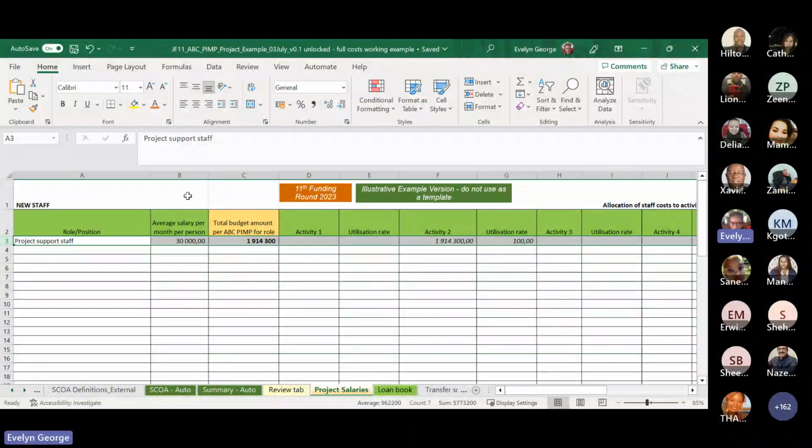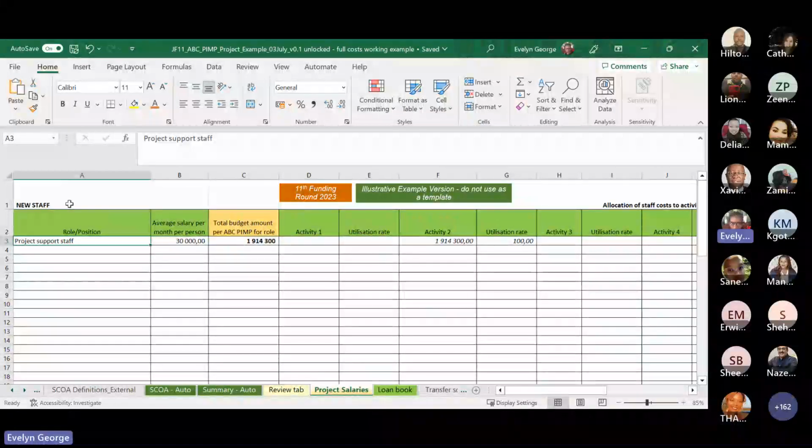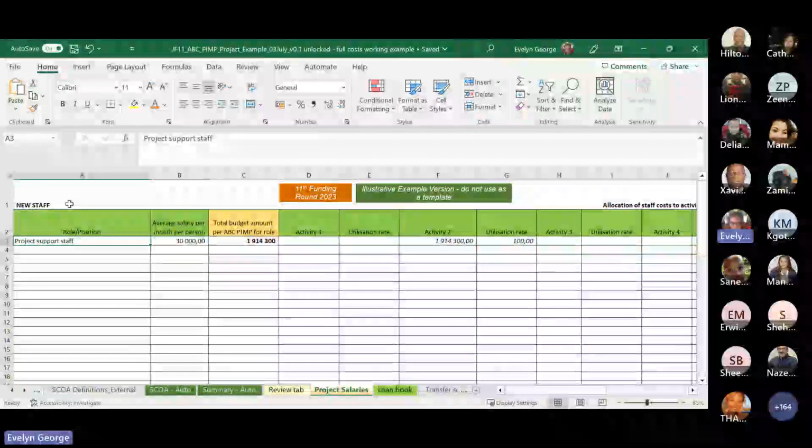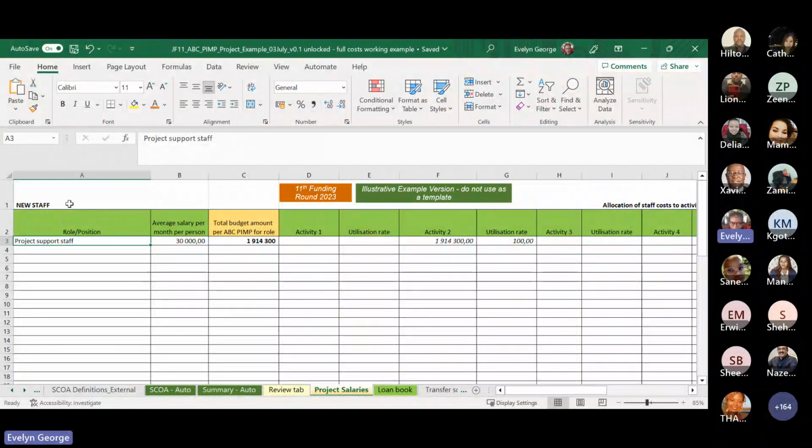You need not use it, but we'll absolutely need that information, and not just relating to salaries. For all your costs, you need to show us workings. We will ask you for evidence, for pro formas, for financials in some cases, to back up the costs that you're placing.